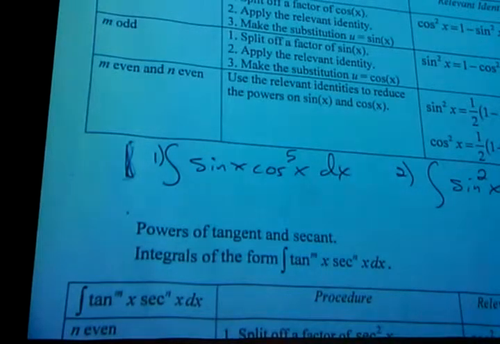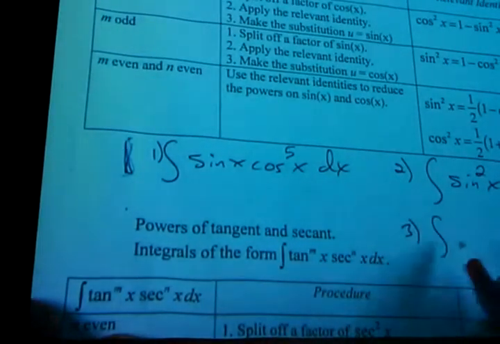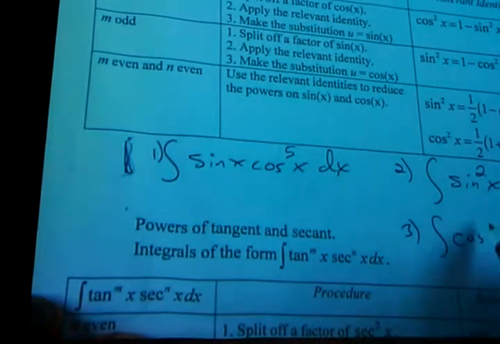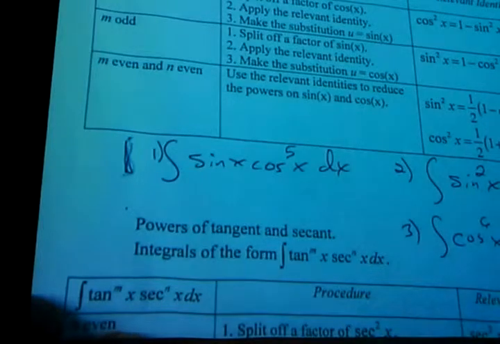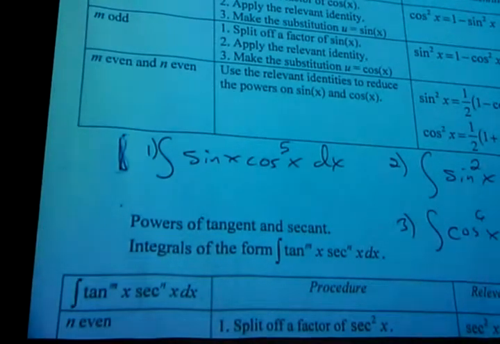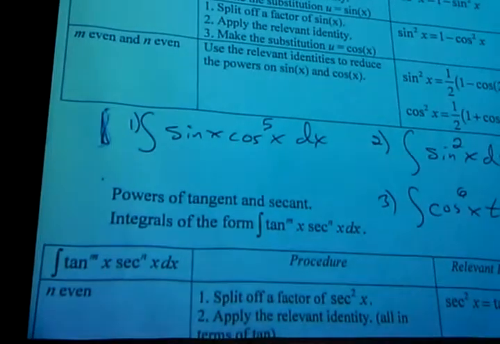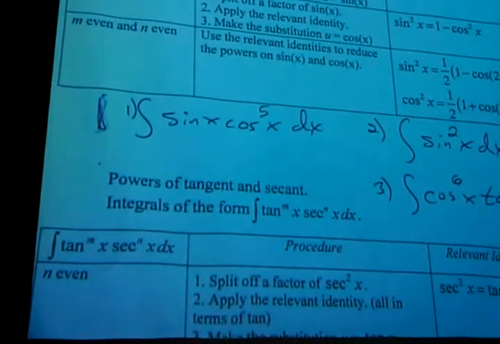One more too. Number 6. All right, so call me over if you need some help.